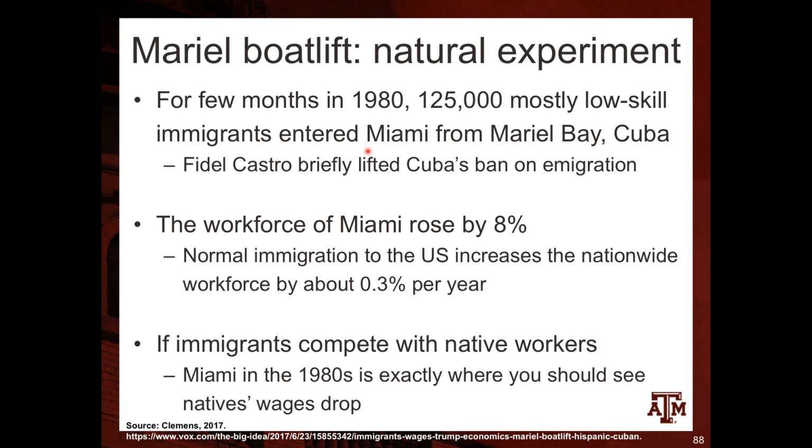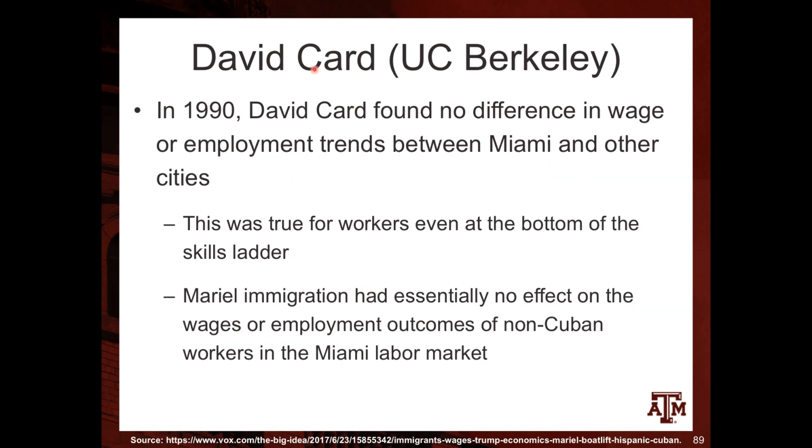So David Card, whom I already mentioned before, from UC Berkeley, in 1990 found no difference in wage or employment trends between Miami and other cities that had a comparable economy and a comparable composition of the population and of the working population.